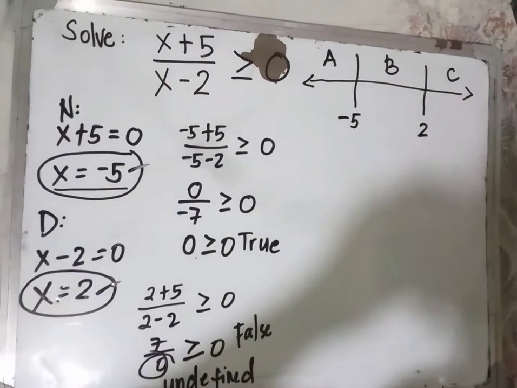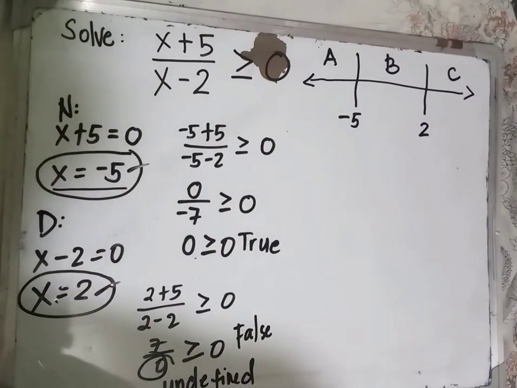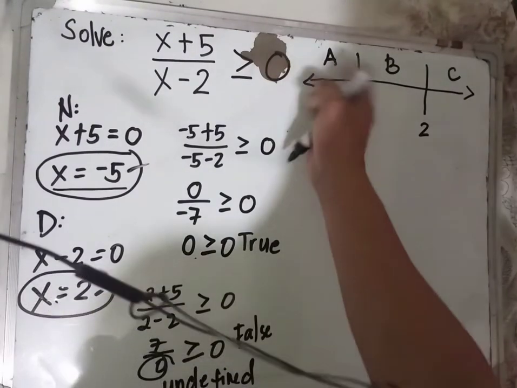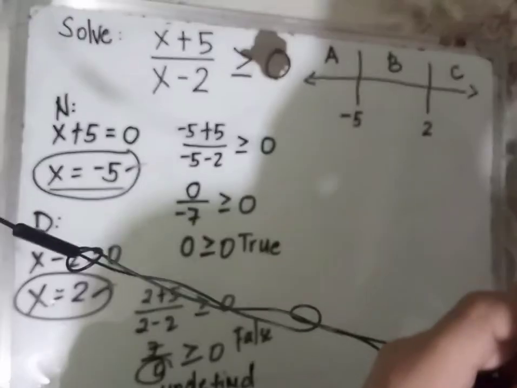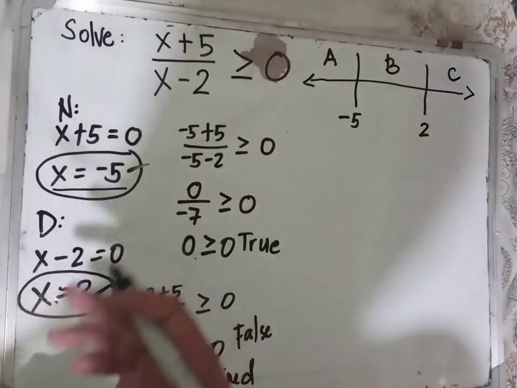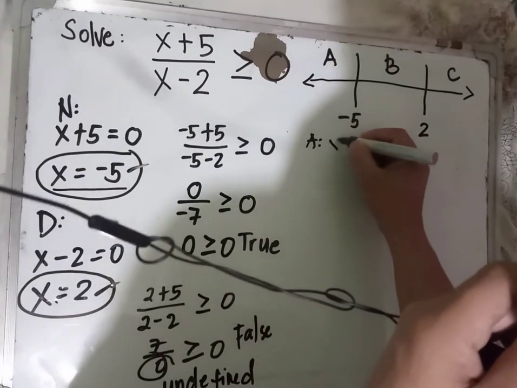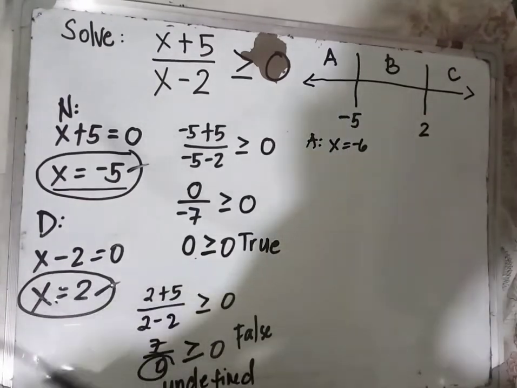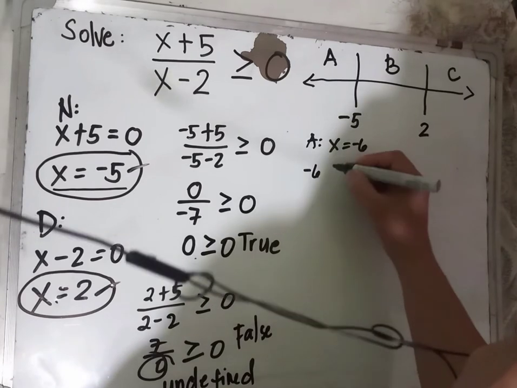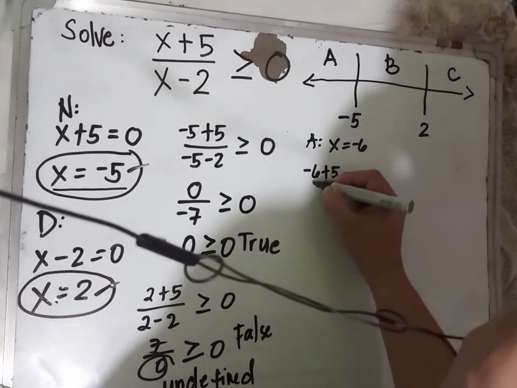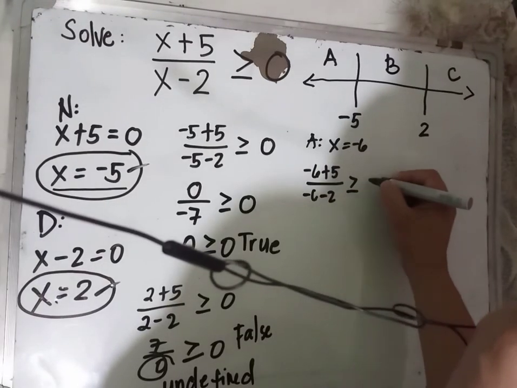So maghanap tayo ng number na belong sa interval A, then i-test natin sa given inequality. So any number belonging to interval A. Since negative 5 is part of the solution, ang baba niyan is negative 6. So interval A, when x is negative 6, test natin. Substitute natin yan sa given inequality. So negative 6 plus 5 over negative 6 minus 2 greater than or equal to 0.